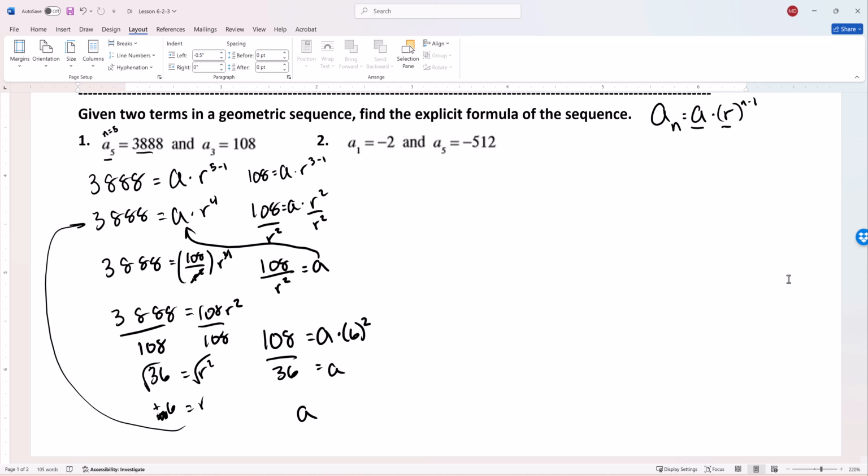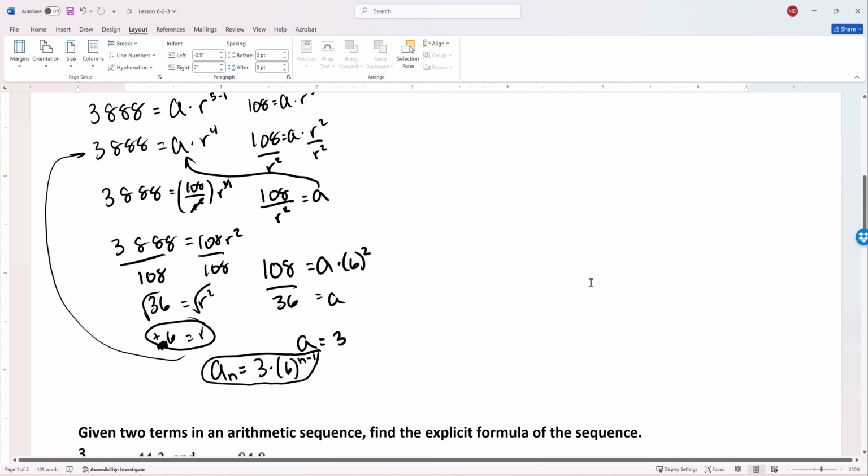You should get a equals 3. So now that I have my r and I have my a, I can write it as a sub n equals a times r to the n minus 1. So the key there is substitution.